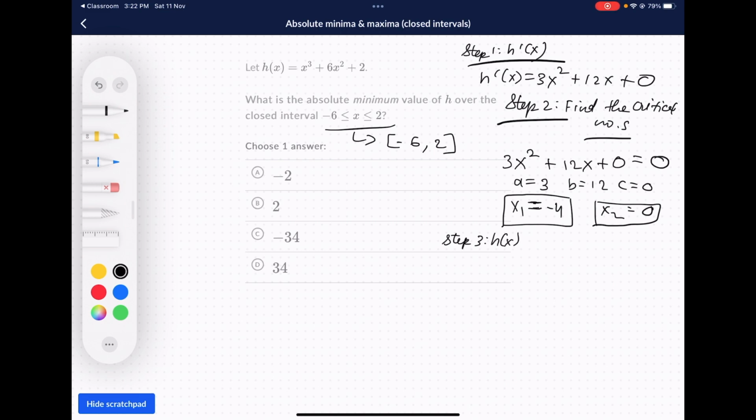So h of x is equal to x cubed plus 6x squared plus 2. Starting off with negative 4, you should have negative 4 cubed plus 6 times negative 4 squared plus 2. Use a calculator to input this equation, and now you should get positive 34.